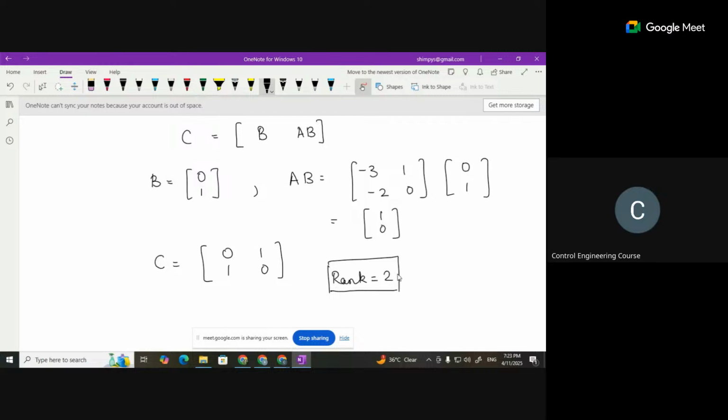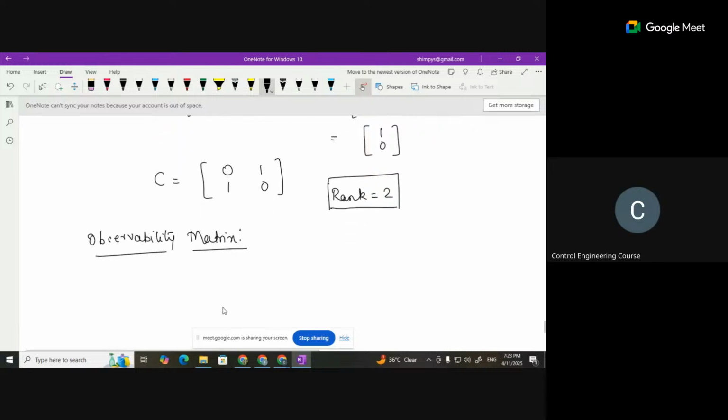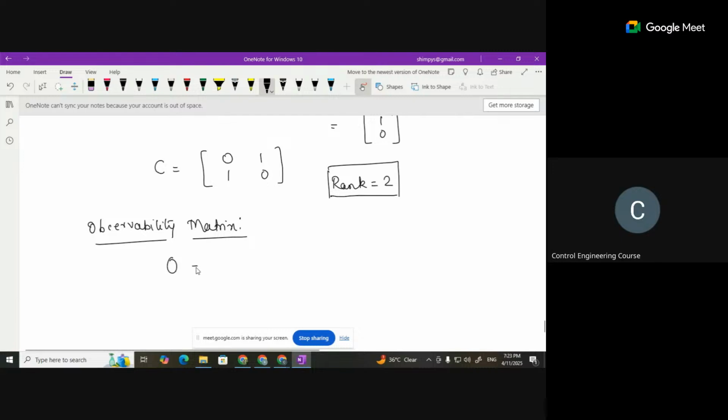Fine. So now if I want to see the observability matrix, what will it be? That I can write down as C, CA.